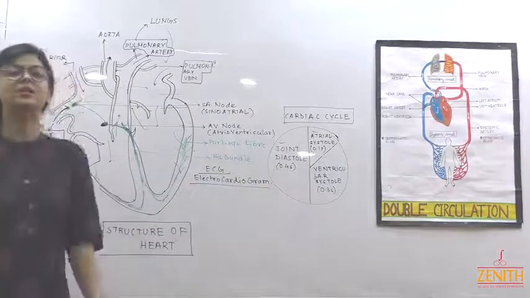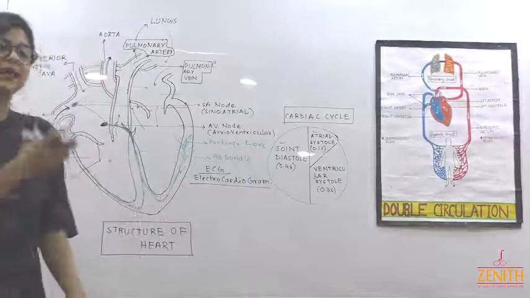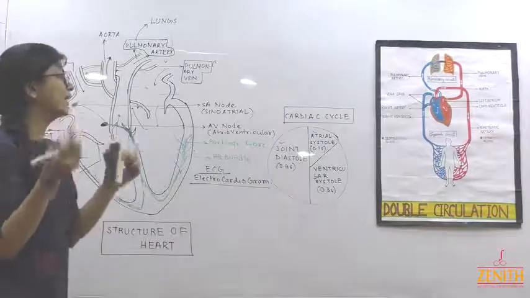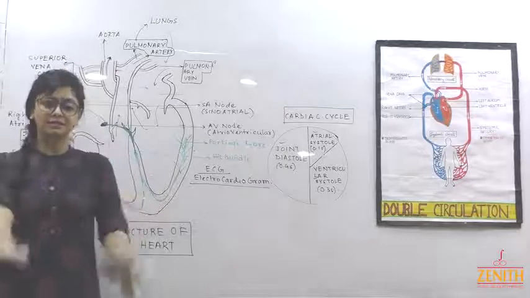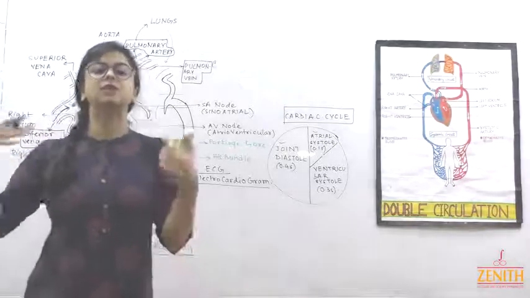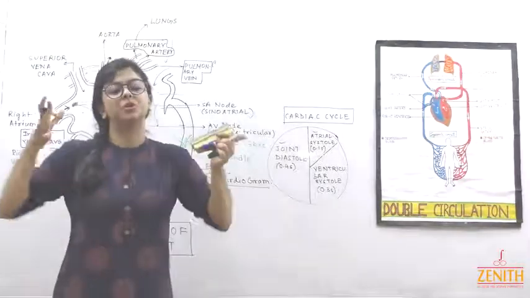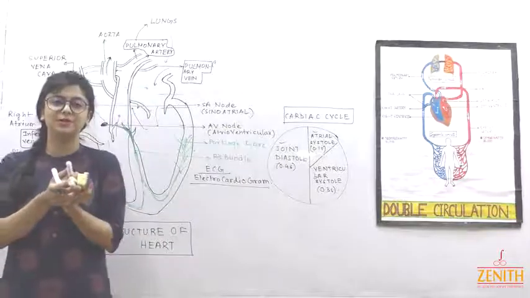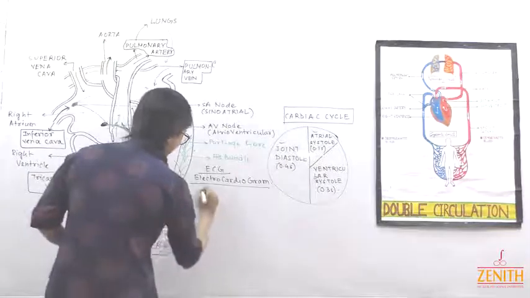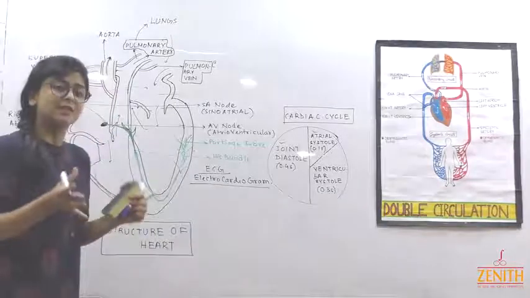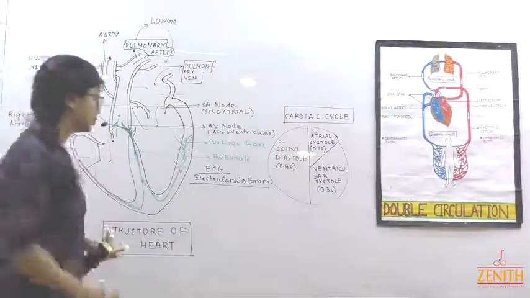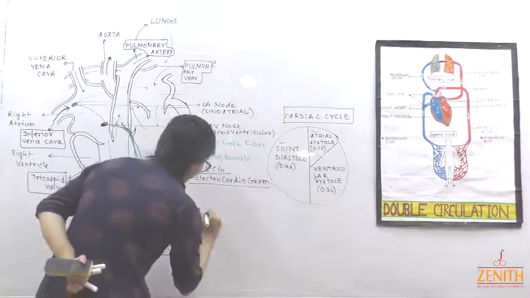It is a graphical representation where we can determine the relaxation, expansion or contraction of the different chambers of the heart. So it is the graphical representation of the systole and the diastole of the heart.